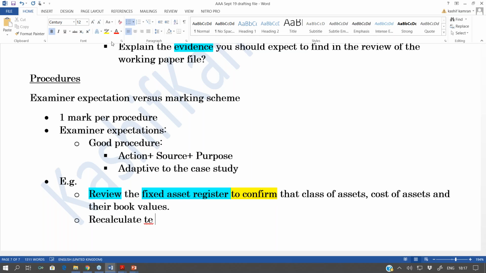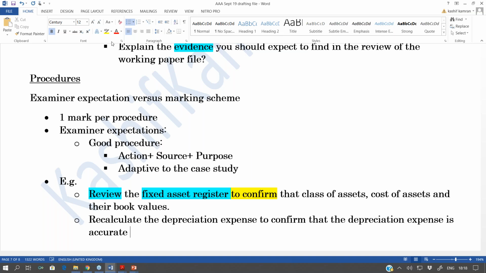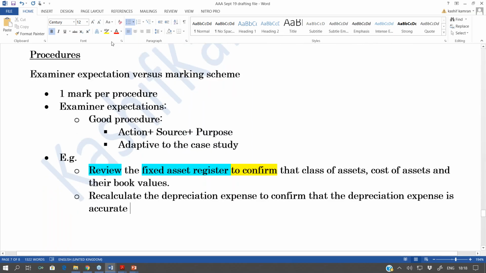Recalculate the depreciation expense. Recalculate the depreciation expense to confirm that the depreciation expense is accurately calculated. Now see, again you wrote recalculate. Recalculate was your action.